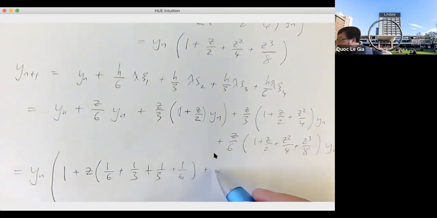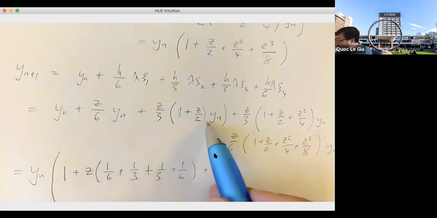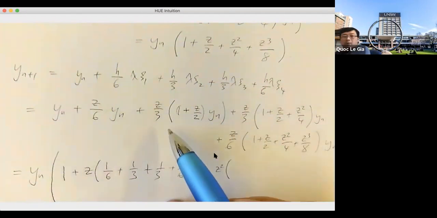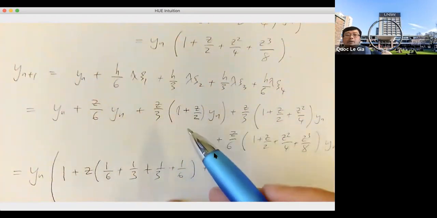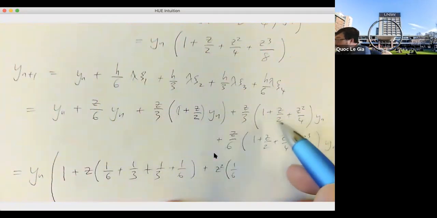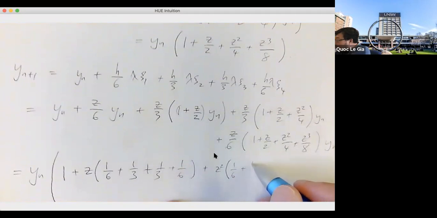So what term gives you z square? Well, for z square, you have 1 over 6 here, and this one is 1 over 6, and this one gives you 1 over 12.